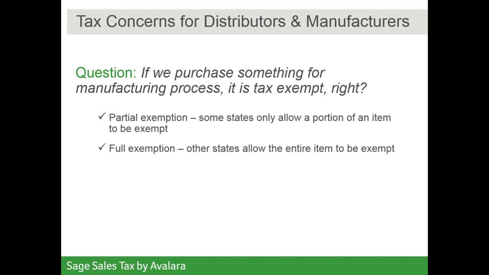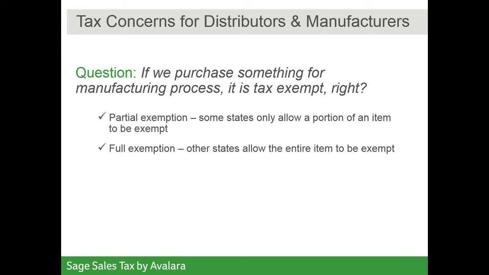I talked to somebody recently, and they had a situation where you take something like shrink wrap. If you don't use that till the end of the process, and maybe you're shrink wrapping a pallet and sticking it out in the warehouse, that's going to be a taxable occurrence. But if you bought something that was used in the process, then it's not.